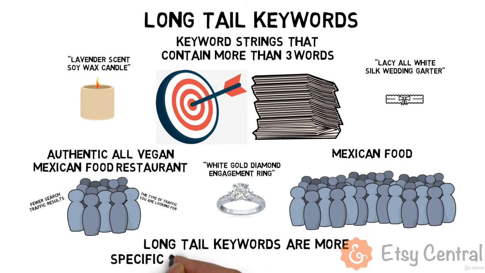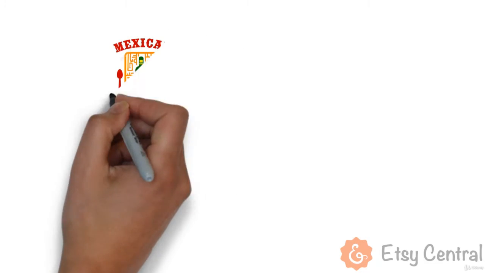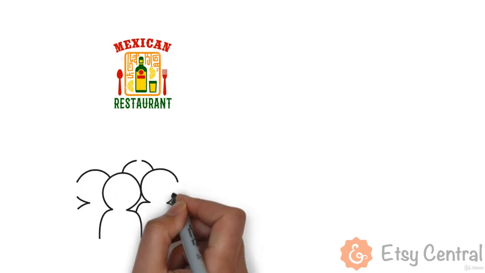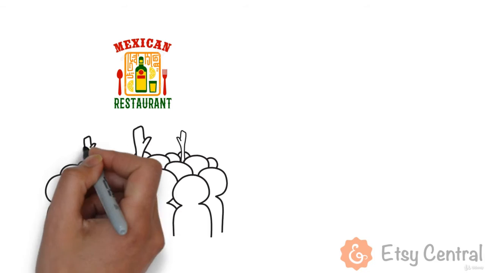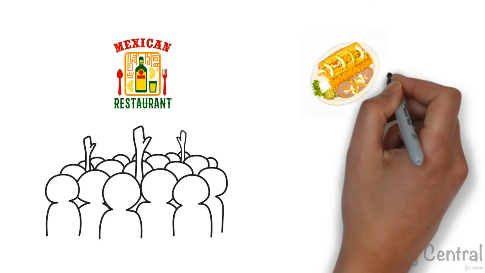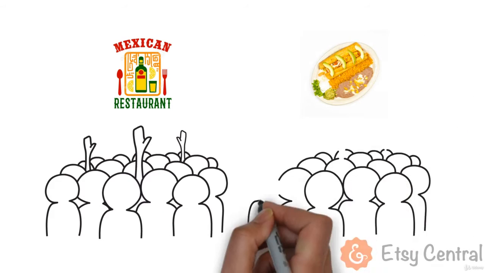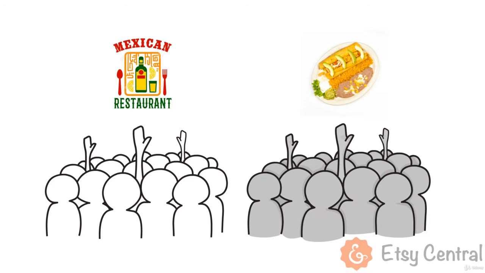Long-tail keywords are obviously a lot more specific than short-tail keywords, but their volume will naturally be less. How many people at any given time are looking to eat at a Mexican restaurant? Versus how many people are specifically looking for an all-vegan Mexican joint?